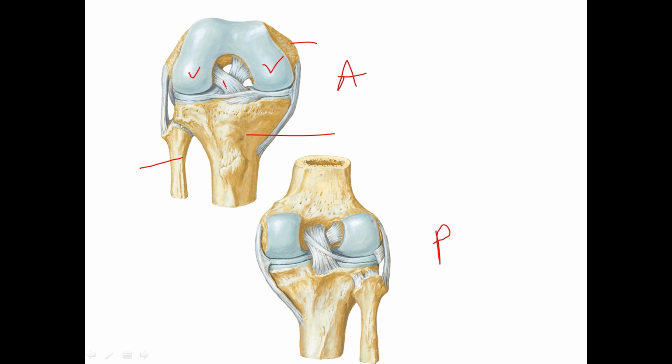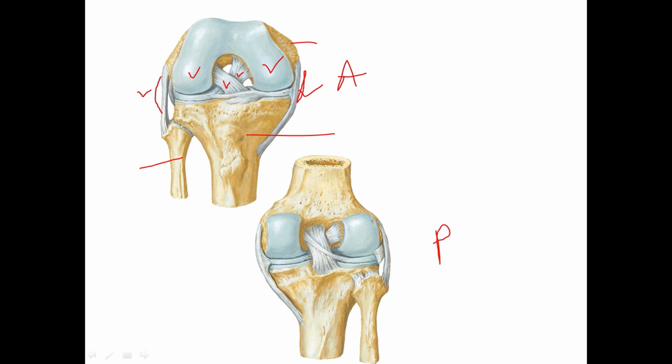Anterior one is the anterior cruciate ligament and posterior one is the posterior cruciate ligament. Except that, we can see medially the medial collateral ligament and laterally the lateral collateral ligament. Those are also known as the tibial collateral and the fibular collateral ligament.